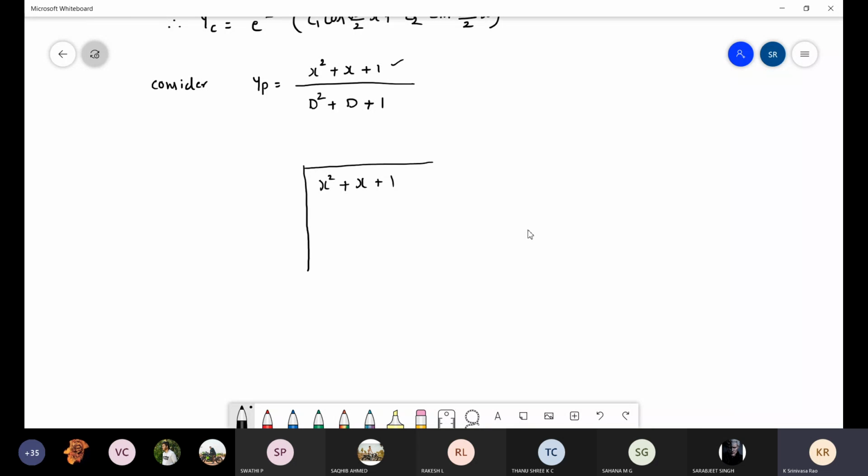So the numerator equation is written inside in descending order, the highest degree first and the lowest degree last. The denominator equation D square plus D plus 1 you should write outside in ascending order. Ascending means increasing order, starting from the constant, the lower degree: 1 plus D plus D square. Did you get the point?